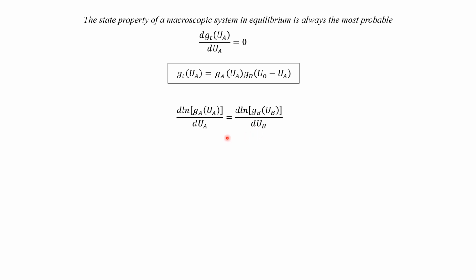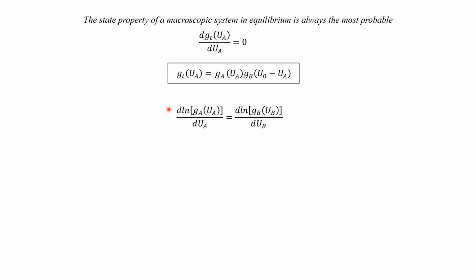So recall that this condition involves only one variable, the variable UA or the variable UB, because they are not independent. They are connected through the total energy. So we have found the condition that maximizes the total multiplicity. It is the UA that satisfies this condition.